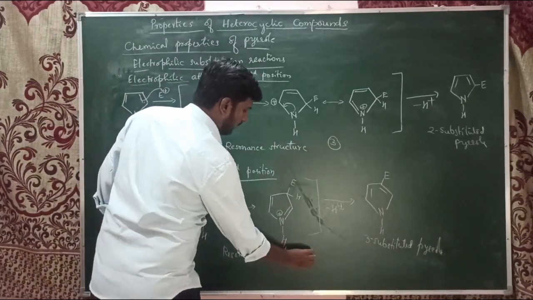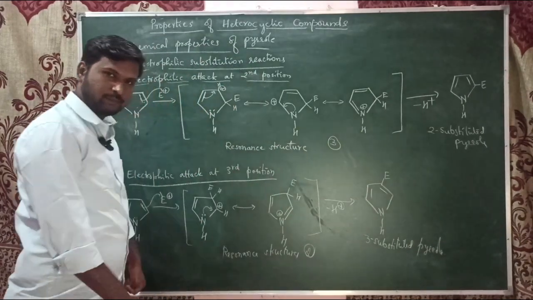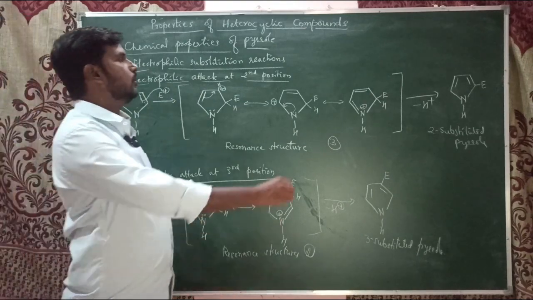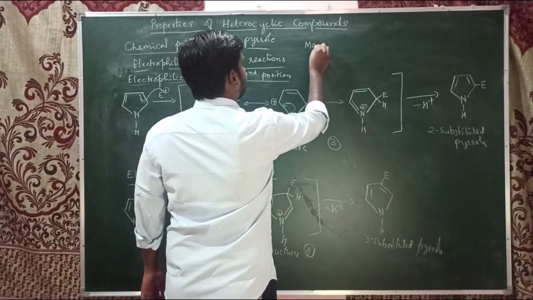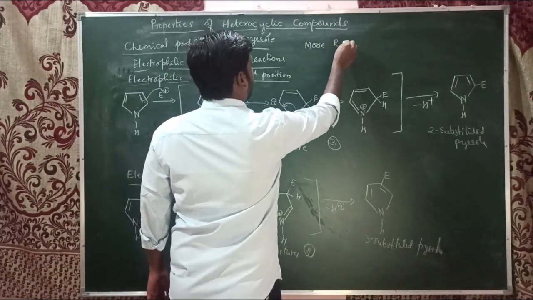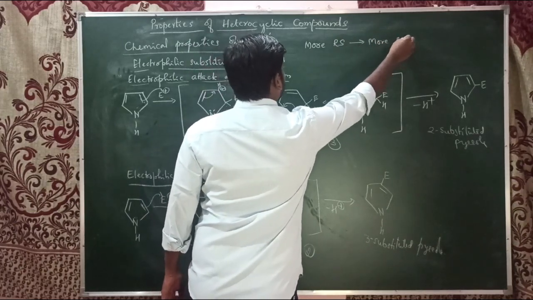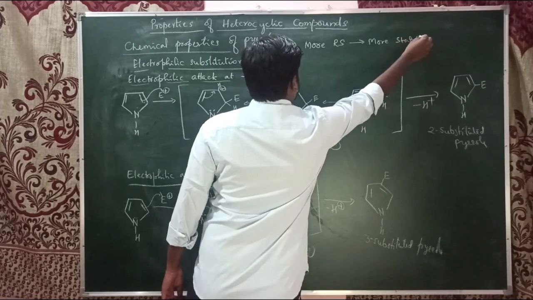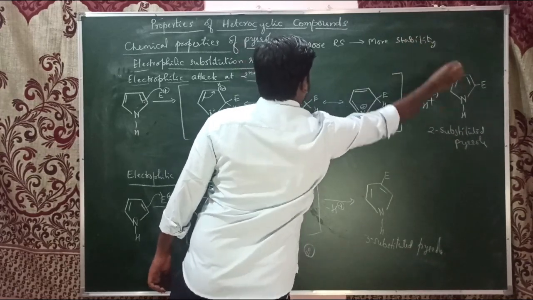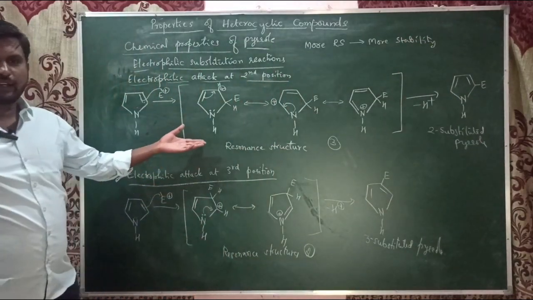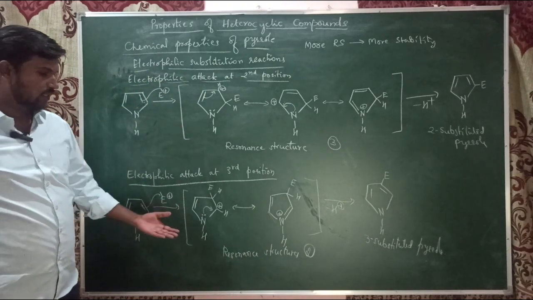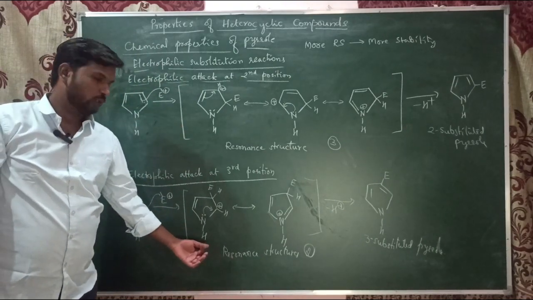Here you can only see two resonance structures. As you know, the more resonance structures, the more the stability. So when the electrophile attacks at the second position, we can find three resonance structures, but here only two.